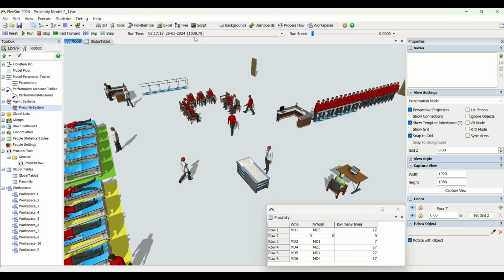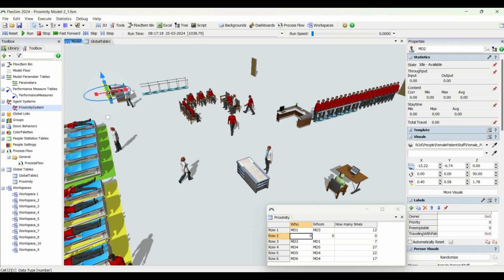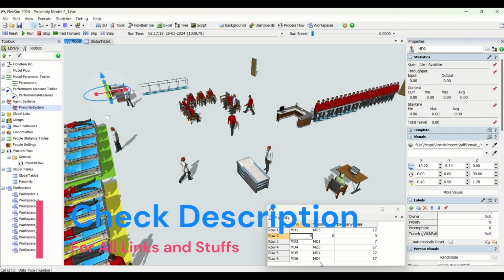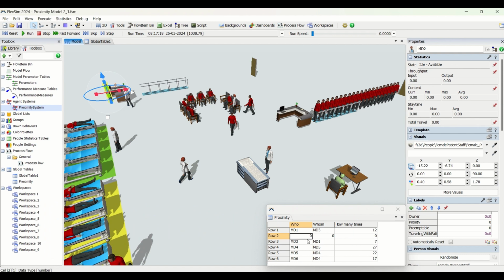We have run the simulation model for almost 1038 seconds, and the major finding is that MD2, the healthcare staff at reception 2, is not interacting with any other healthcare staff at all, and hence this receptionist is less likely to get infected.